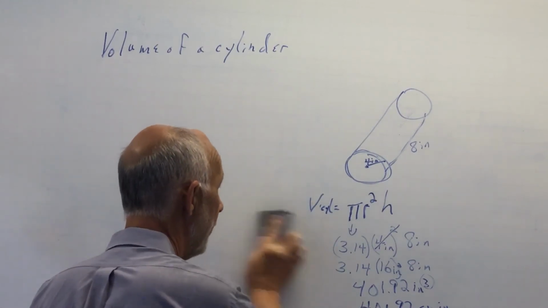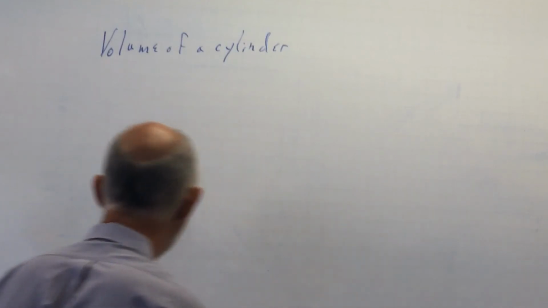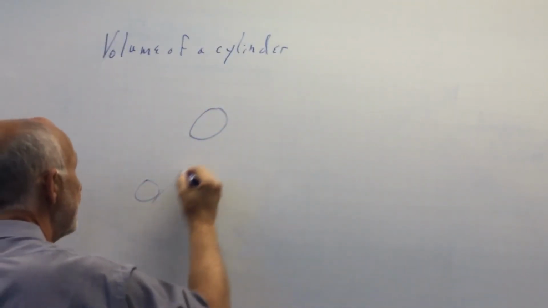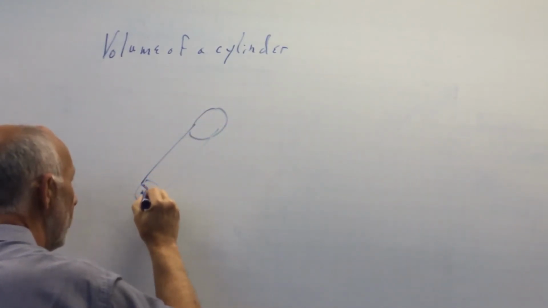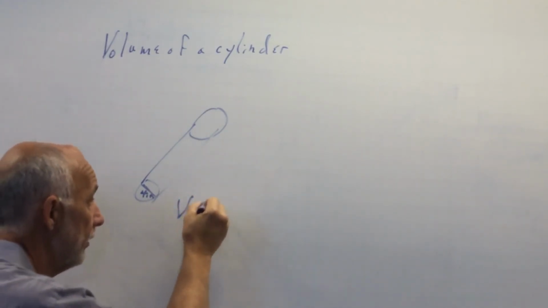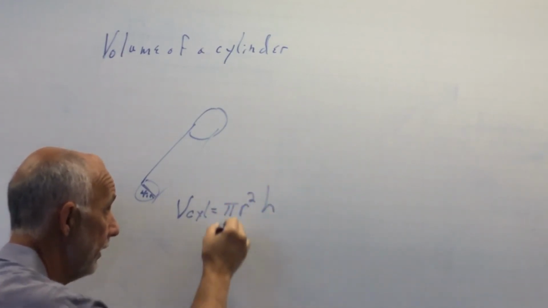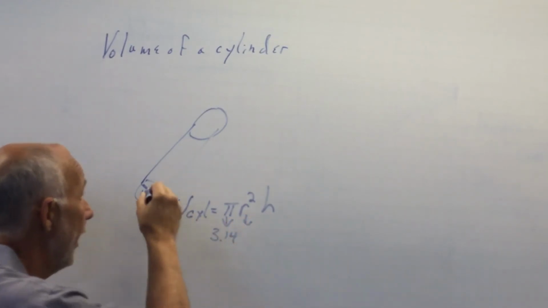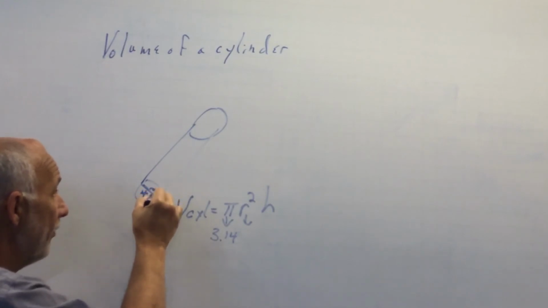All right, so what if I was to give you another one, just to make sure you got how this works? What if this time I told you the diameter was 4 inches? Again, I still use the formula, volume of a cylinder is equal to pi times the radius squared times the height. Pi is still 3.14, but the diameter is 4, so to find the radius, you only want half of that.